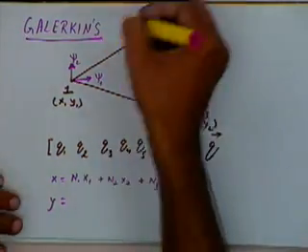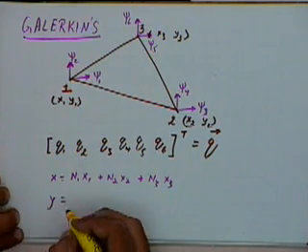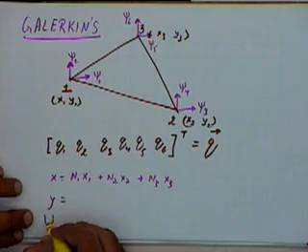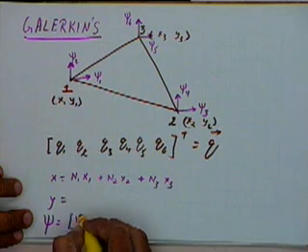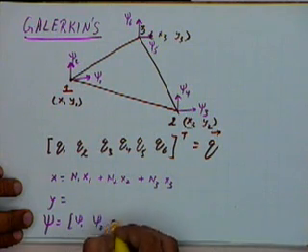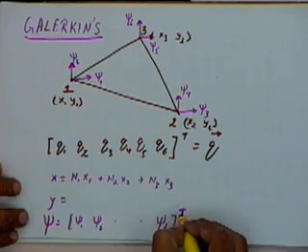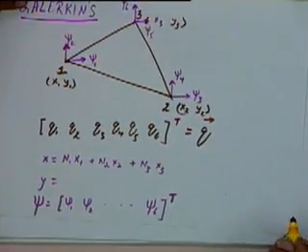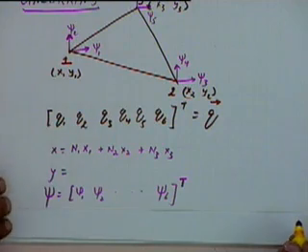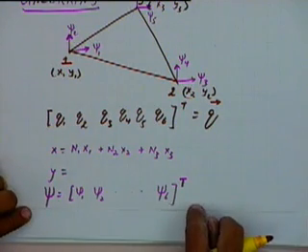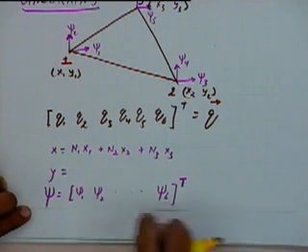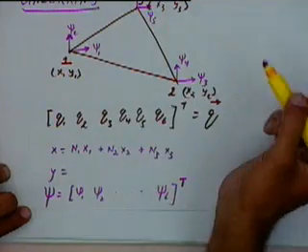We will define a virtual displacement vector, psi, which is psi 1, psi 2 till psi 6 transpose. This is a virtual displacement vector for this element that gives a virtual displacement of the 6 degrees of freedom.